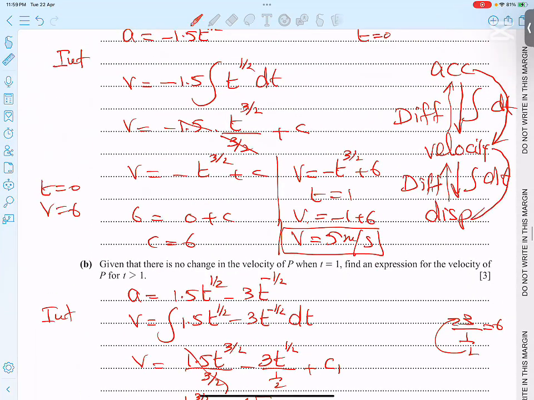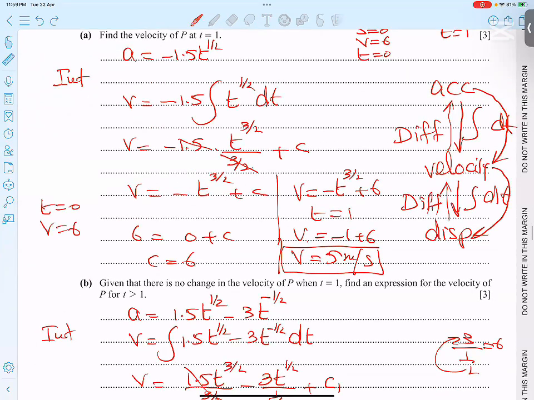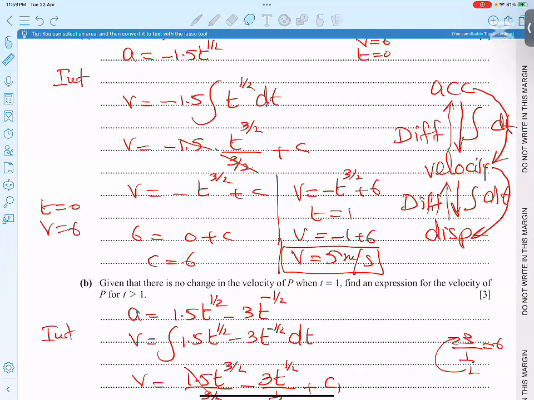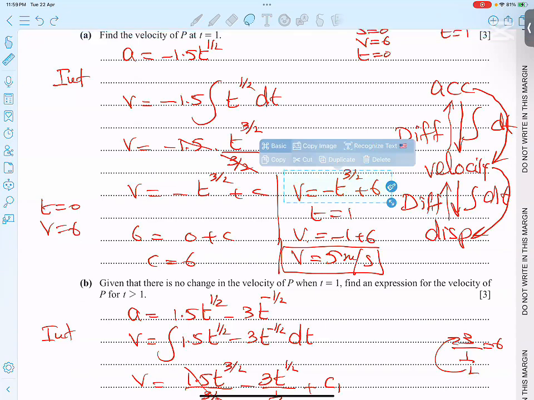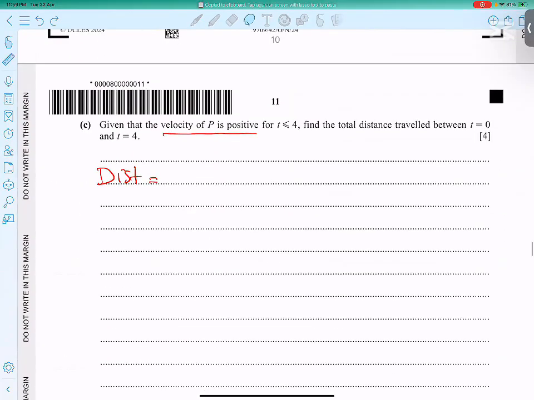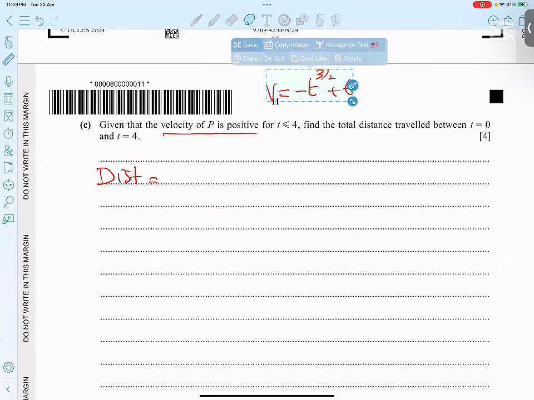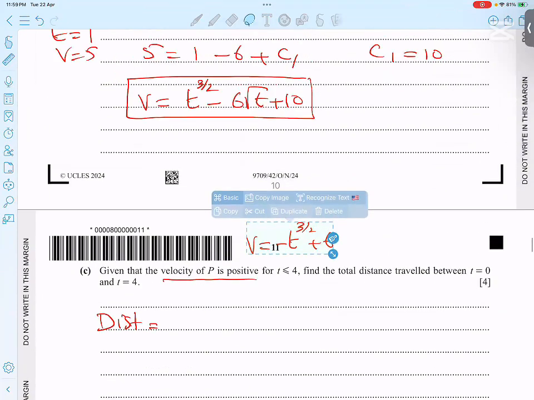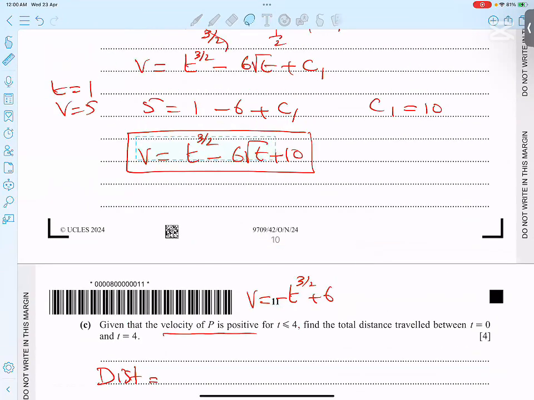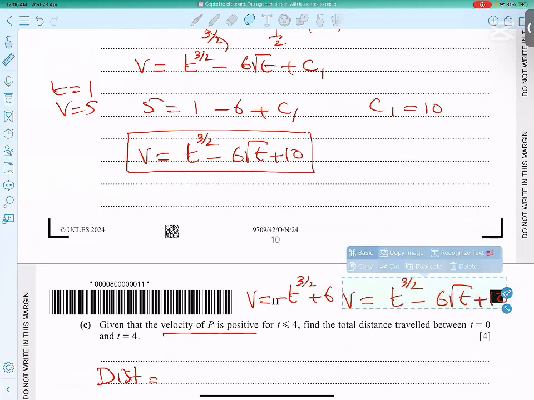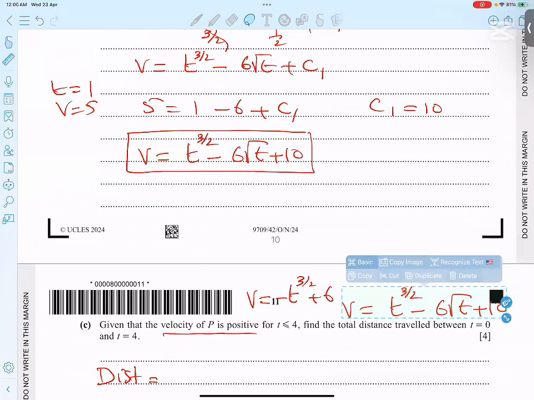Again, from velocity to displacement, I have to integrate once again. So what integration do we have to do, students? The first expression is this. We have to integrate, copy, and I'm going to paste here. This is the first expression, and the second expression we just got now. We have two expressions to integrate to get the answer.